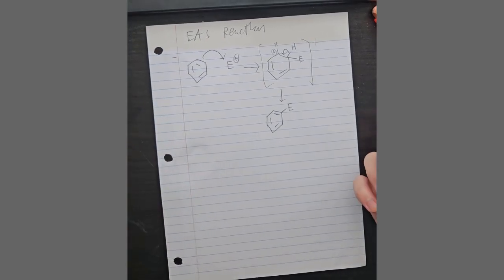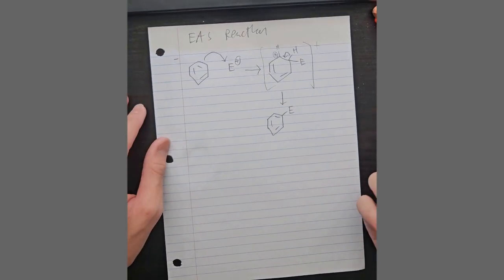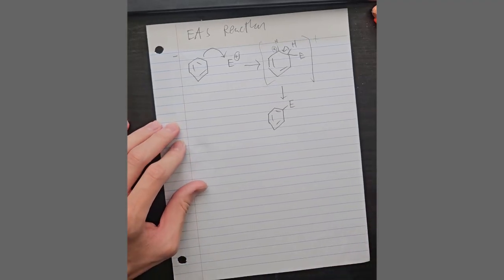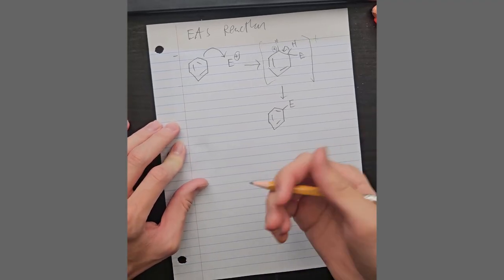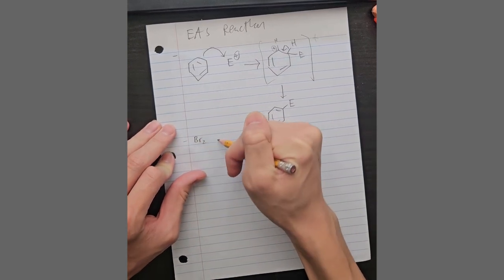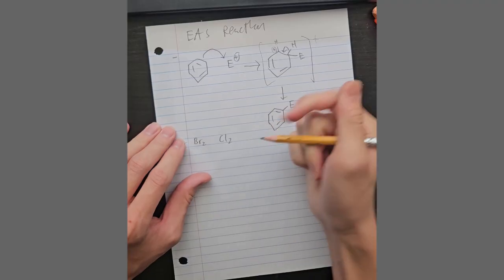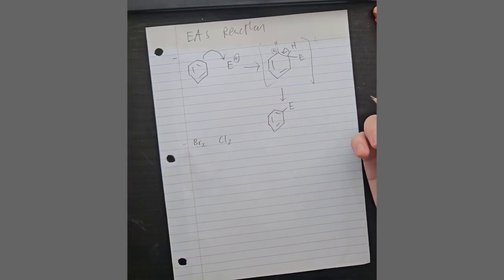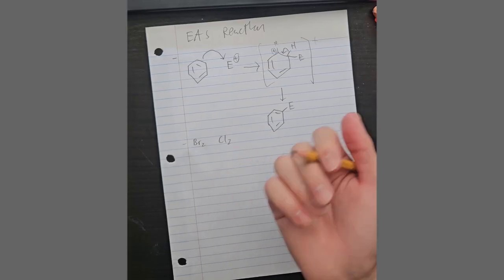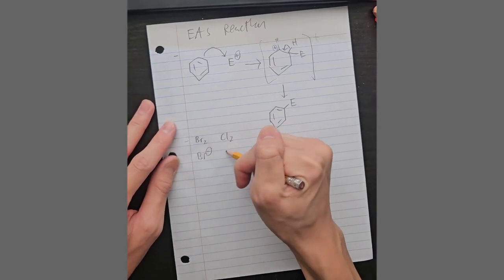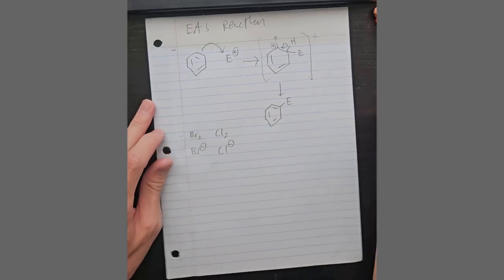This can be done with a whole bunch of electrophiles. So one of the most simple ones are bromine and chlorine. So normally with ions, bromine and chlorine are going to be their bromide and chloride, the negative ions.